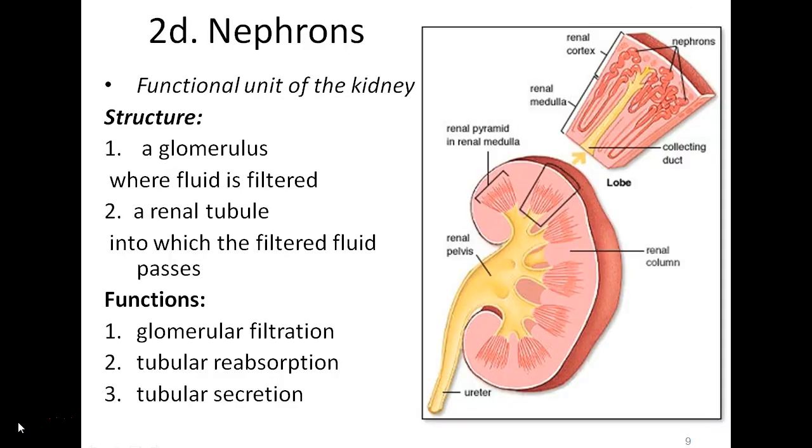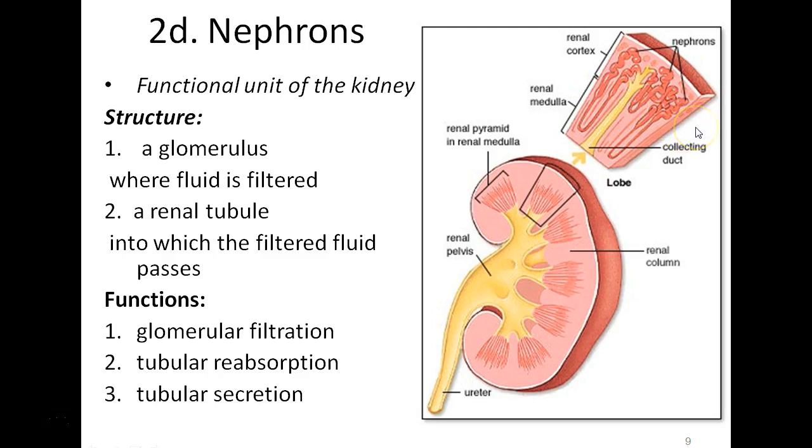At this point in our discussion, we take a closer look at the functional unit of the kidney, that is the nephron. So in this diagram to the right, we see that we're taking this structure that we've already discussed, the renal pyramid, which includes part of the cortex and part of the medulla. And so we go more in depth on a microscopic level, and we see the basic structure of a nephron.